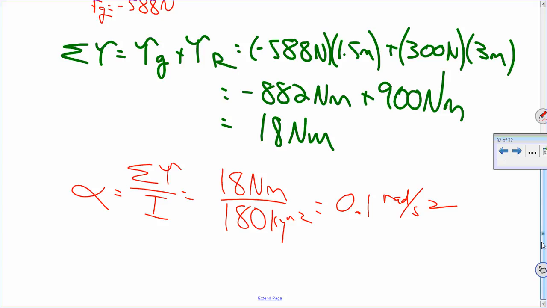Is it always going to be proportional like that though? No, not necessarily. The numbers here worked out nicely. You could say that since the side is twice as long, the acceleration is twice as long. Well, you've got to be careful though, because your torques are changing, but so is your rotational inertia.